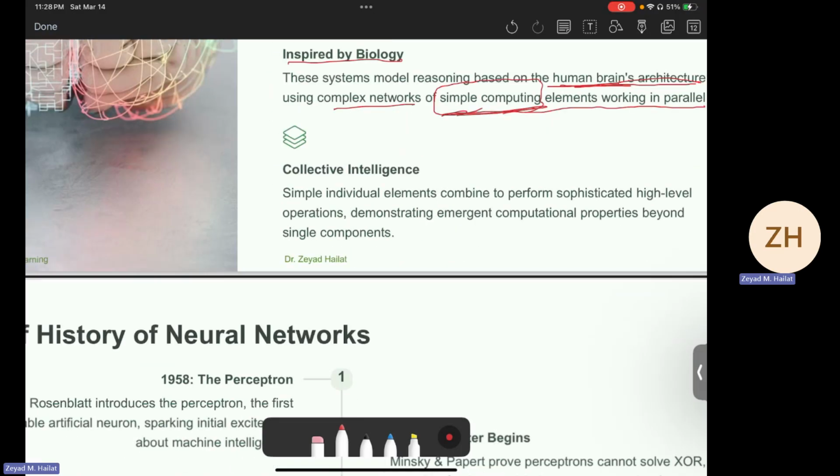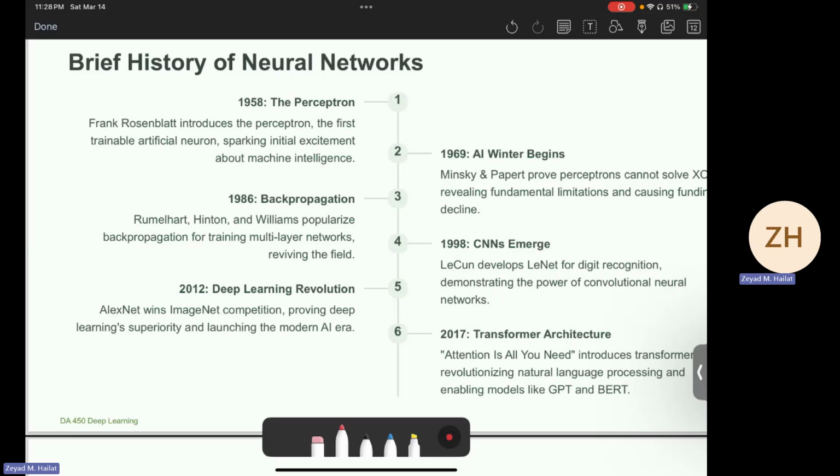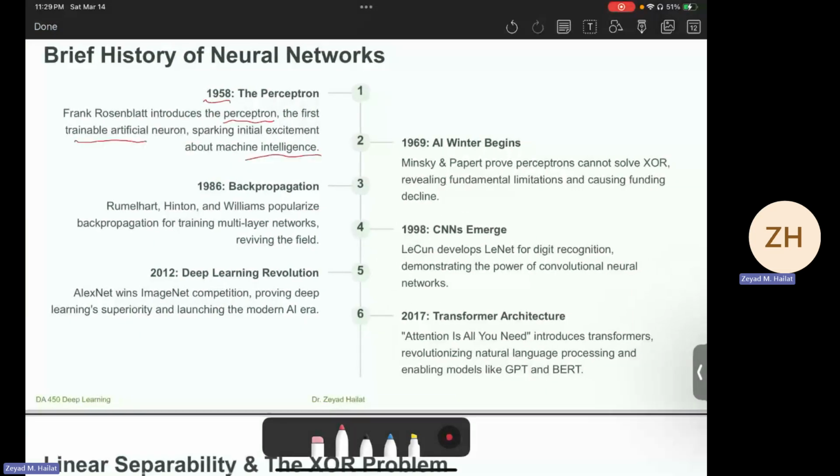Now let's look quickly at the history of neural network, where it started in 1950. The perceptron was introduced, which is the first trainable artificial neural network, sparking initial excitement about machine intelligence. So that was in 1958. Then in 1969, the AI winter begins.